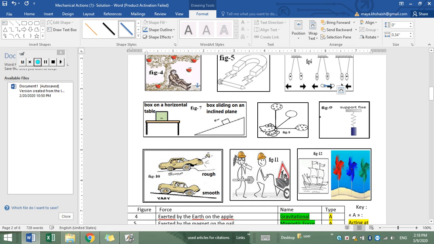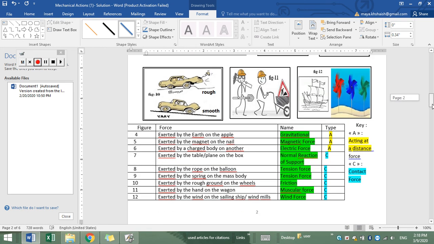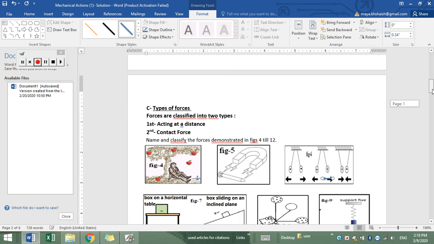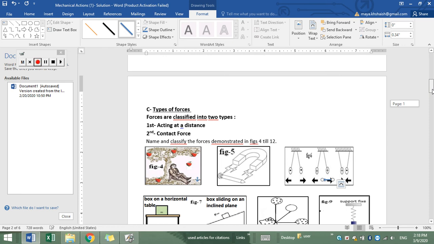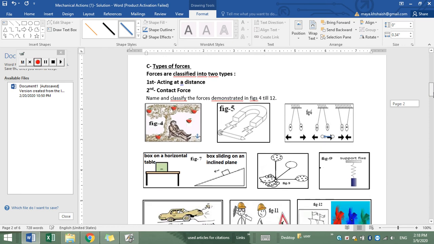In figure 11, a worker moving the wagon, pushing it. And in figure 12, a windmill and a sailboat being moved by the winds, and the windmill rotating due to the blowing wind. What are the instructions here? They are to name and classify the forces demonstrated in figures 4 till 12.